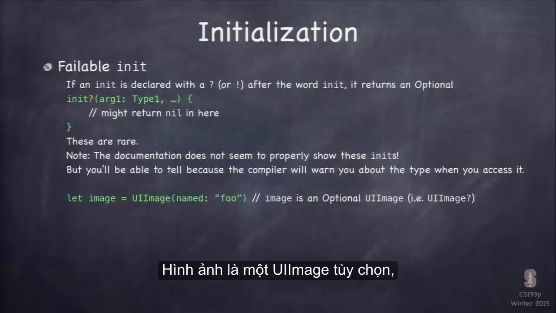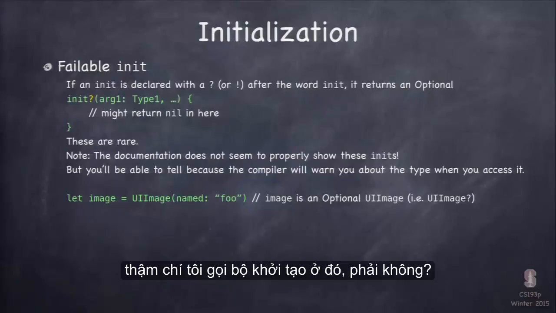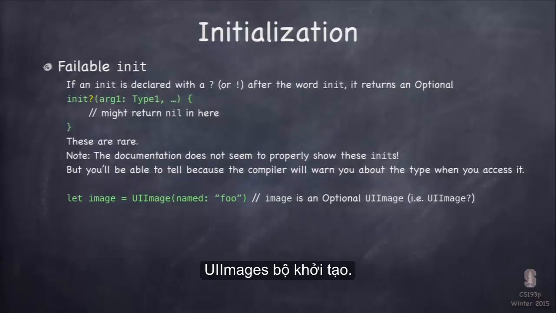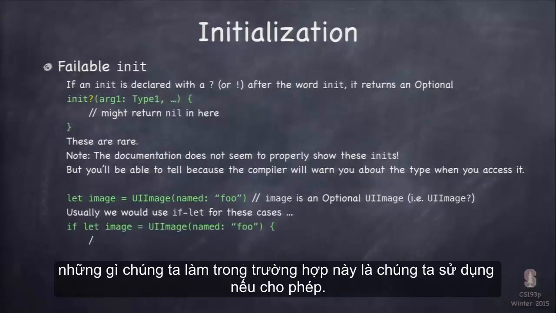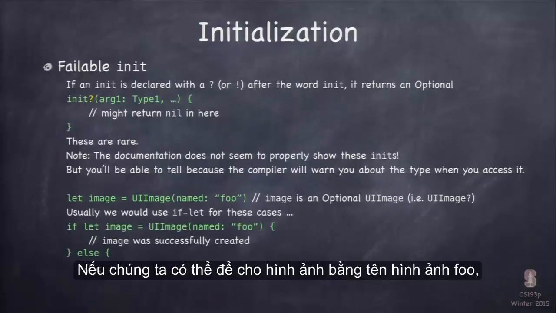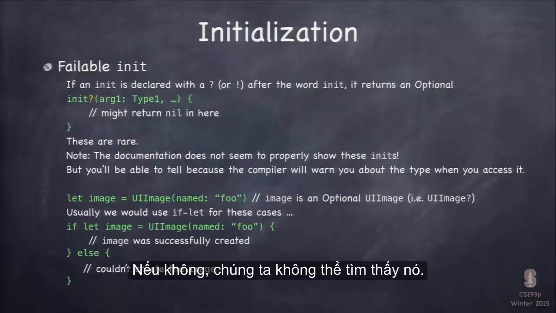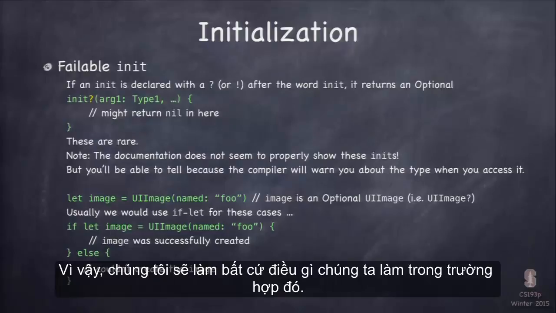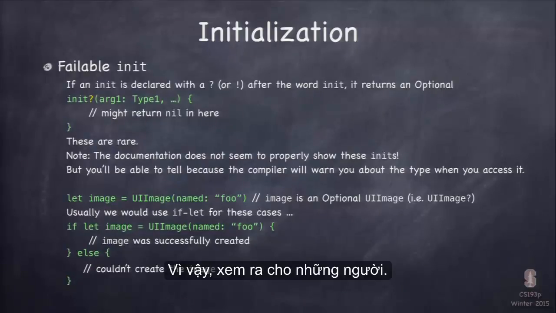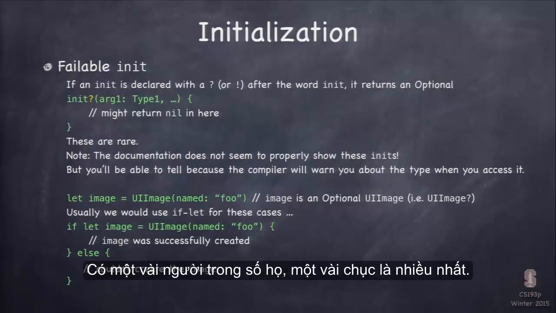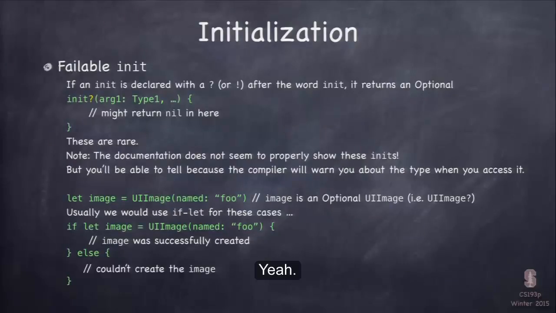Image is an optional UIImage, even though I'm calling an initializer there. UIImage's initializer could fail. So usually what we do in this case is we use if let. If we can let the image equal the image named foo, then we'll do what we want. Otherwise, we couldn't find it, so we'll do whatever we do in that case. So watch out for those. There's very few of them, a few dozen at the most.